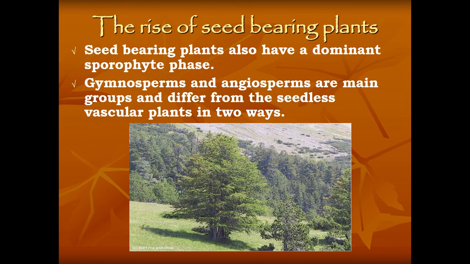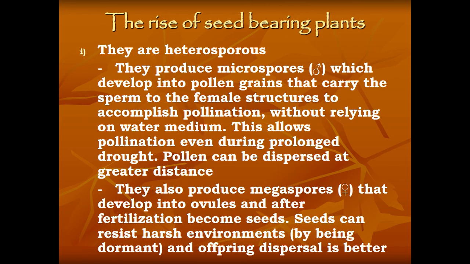So seed-bearing plants, such as the angiosperms and also gymnosperms, have a dominant sporophyte phase, and they differ from seedless vascular plants in two ways, in which they are heterosporous. They produce microspores, which develop into pollen grains that will carry the sperm to the female structure to accomplish pollination without relying on a water medium.